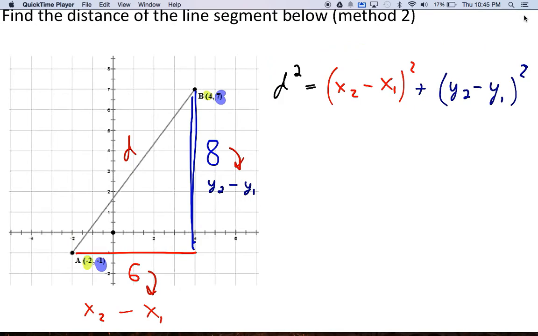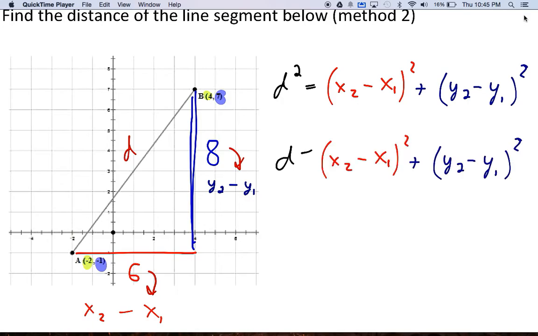Now when I take the square root of the left side, the square root of D squared is just D. And when I take the square root of this side, it doesn't cancel out, contrary to popular belief. Some people think when I take the square root that these squares cancel out. They don't. Everything just stays right where it is. When you do that, you get our distance formula.